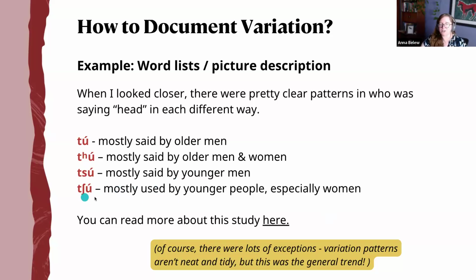Theoretically, when you see a new kind of pronunciation mostly used by younger women, that means the language is changing towards that pronunciation. And if we come back in 50 years, you'll probably find most people are saying chu because younger women tend to be the trend setters for language change. Often, not always, but it's a really common pattern. So if you want to read more about that, I wrote it up in that link and I'll share that.